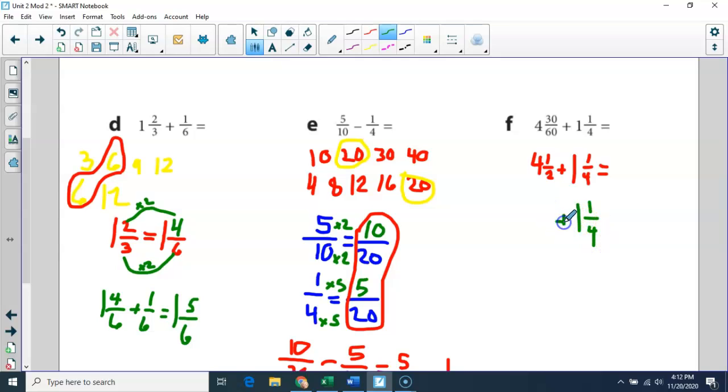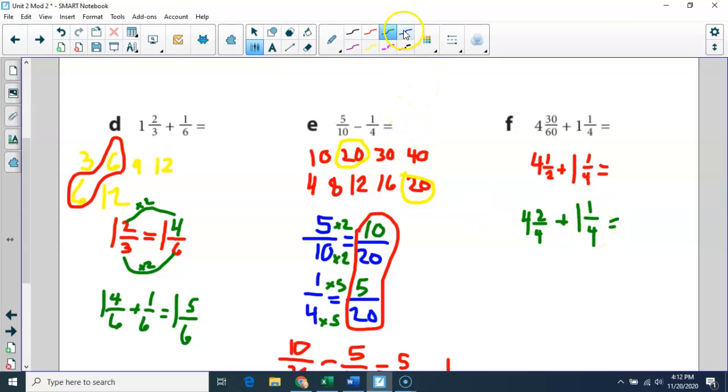And for this over here, well, 1/2 is equal to, and I think we all know this by now, 1/2 is the same as 2/4, okay? So I have 4 and 2/4 plus 1 and 1/4.